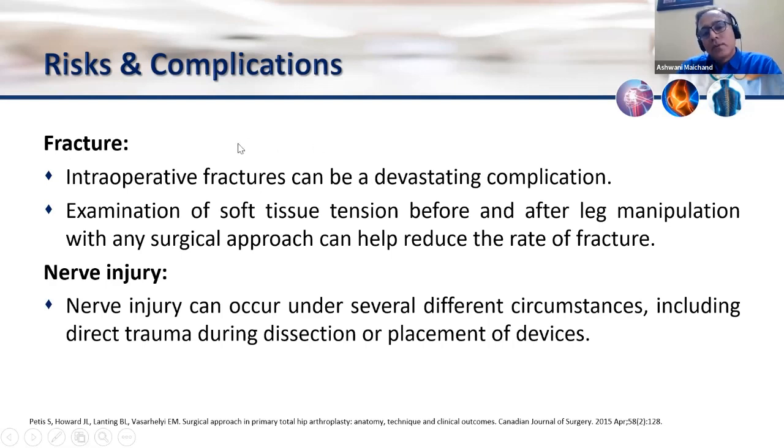So as a rule, you should have your trauma setup, your plates and screws and wires ready for every patient, because managing the complication there and then is far easier. From anesthesia point of view, from family point of view, it's far easier to manage it there and then, instead of postponing the case and explaining to the family and then coming again to the OT.